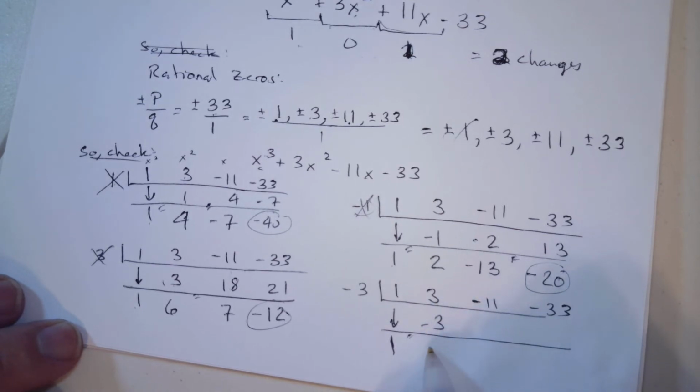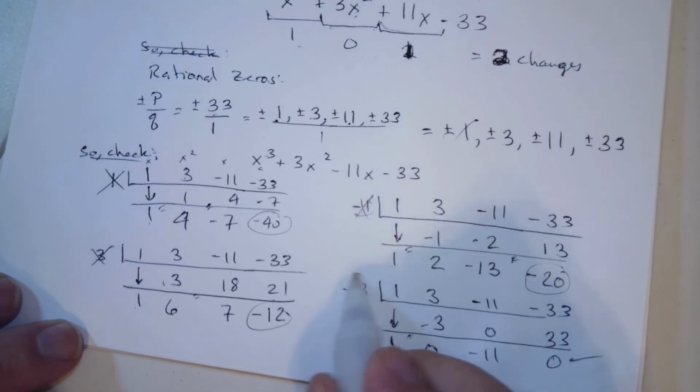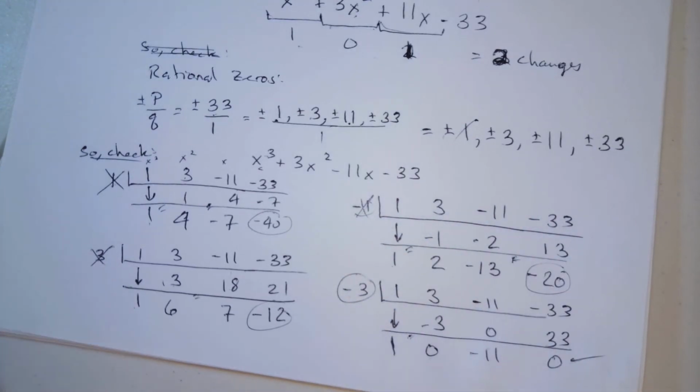Add those. 3 minus 3 is 0. Negative 3 times 0 is 0. Add them. Negative 11 plus 0 is negative 11. Negative times negative is a positive. 3 times 11 is 33. So negative 3 is our solution.